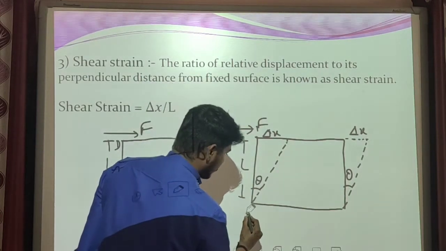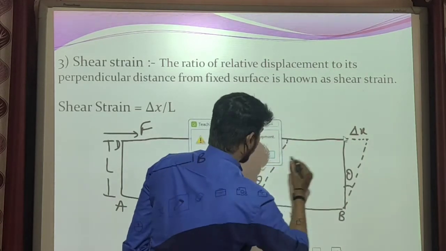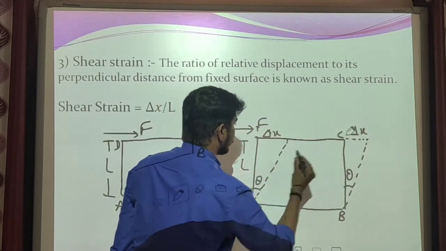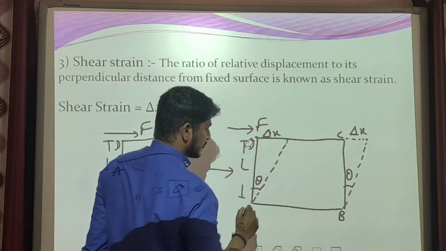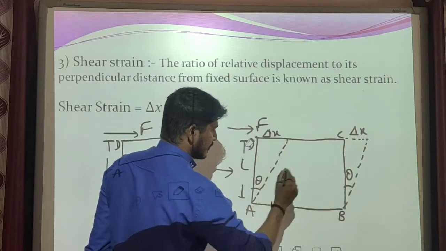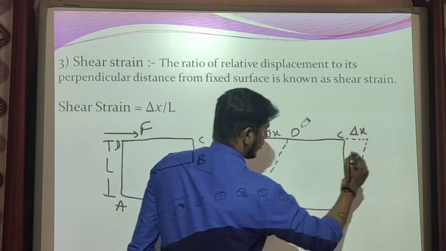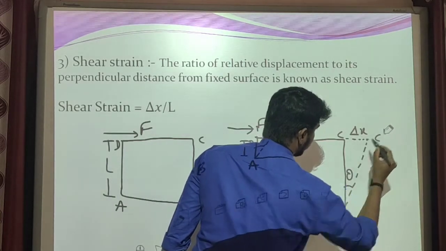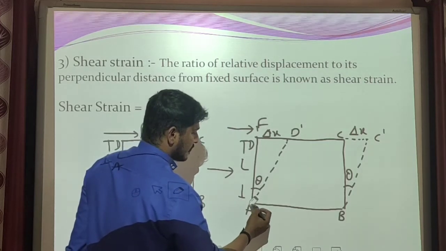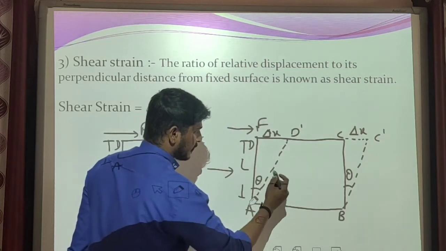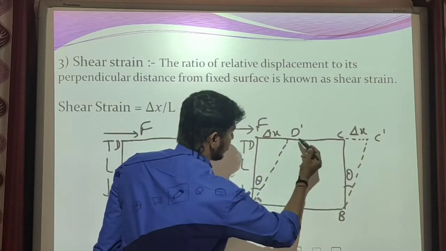Let us suppose this is point A, B, this is point C, and this is point D. After applying the tangential force, the body undergoes deformation. Then this point becomes D dash, and this is C dash. That is, after deformation, the body becomes A, B, C dash, D dash.